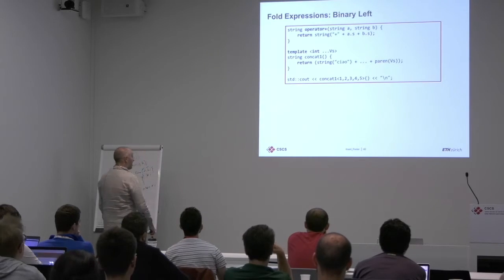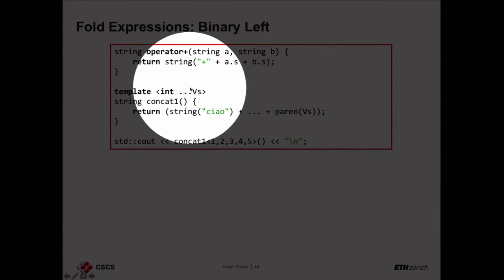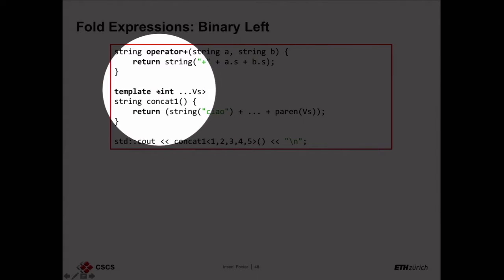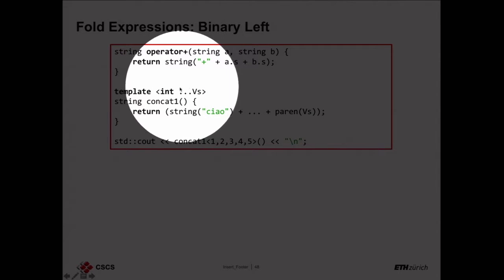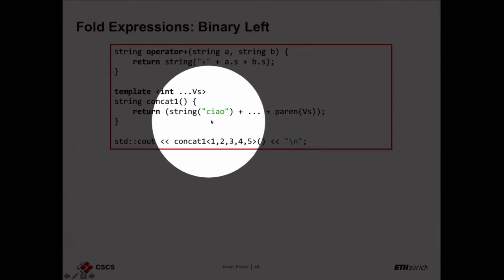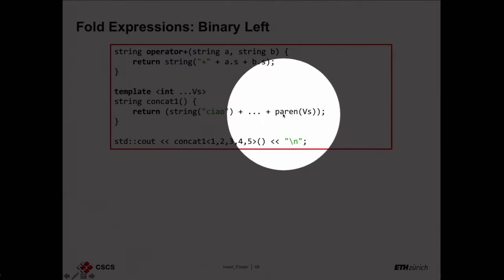So for instance, I'll show you an example. Basically, what you can write is a function that takes the variadic list, and I want to concatenate my list in some way. I can say I want to concatenate this with the string "chow" plus ... plus, and then parentheses.